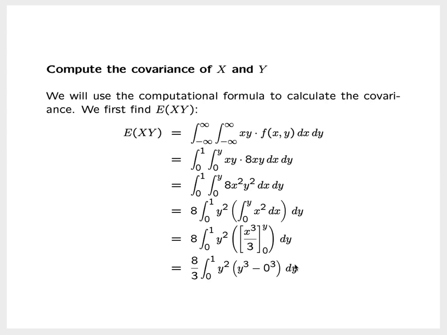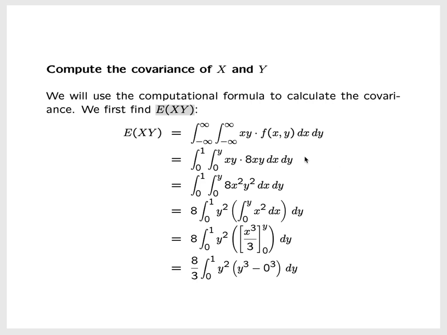Okay, now we're going to calculate the covariance and the correlation of x and y. We'll first calculate the covariance, and to do that, we're going to calculate the expected value of x times y. Again, I can't stress enough how important it is to draw a picture of the sample space over which we're going to be evaluating to get these values.